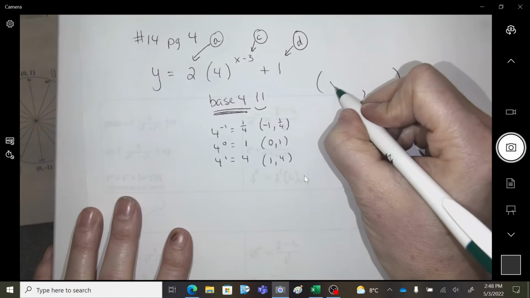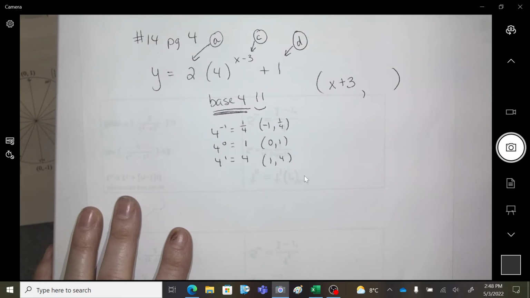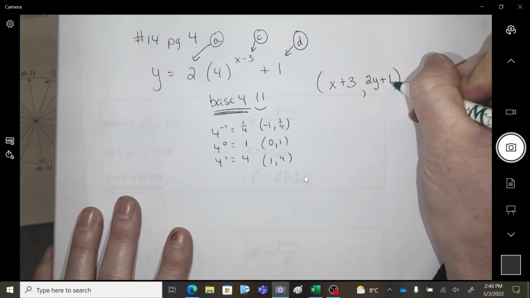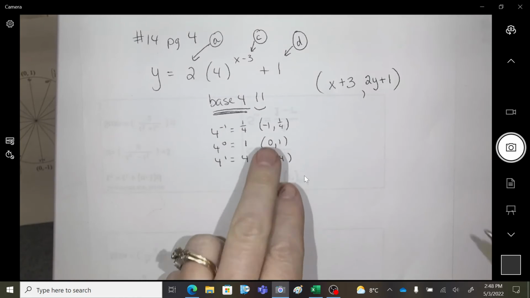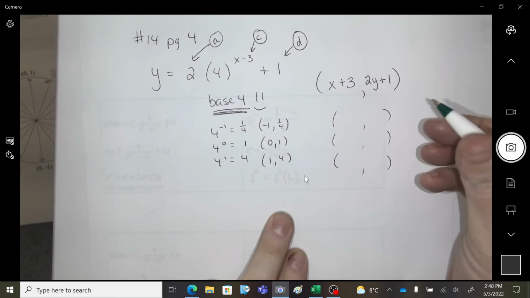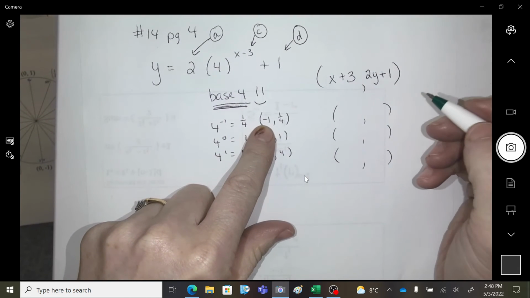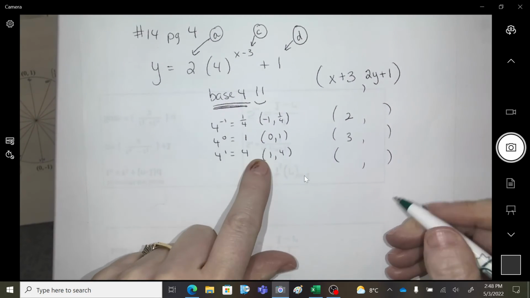So the X will have a +3, 2y plus 1. Remember, that's the same as last unit. Understanding that part of it? Okay, now I need 3 new points, and then I will graph. I'm going to rip through all the x's here. So -1 plus 3, 2. 0 plus 3, 1 plus 3.